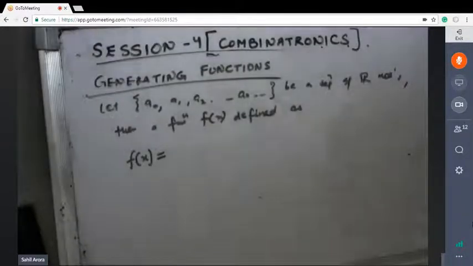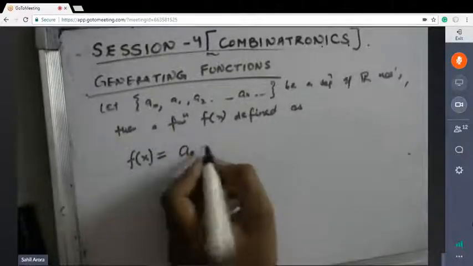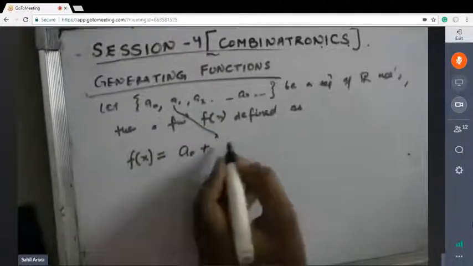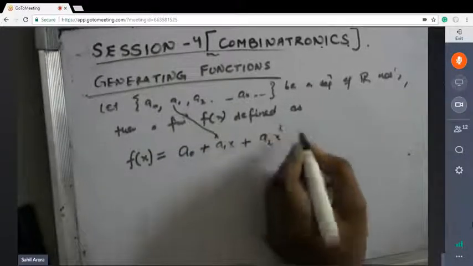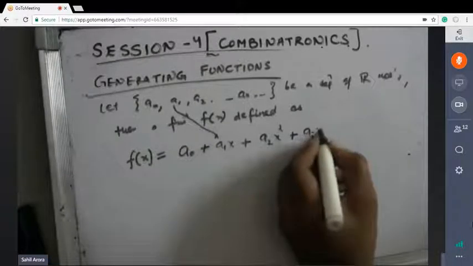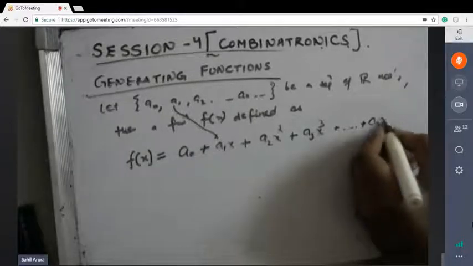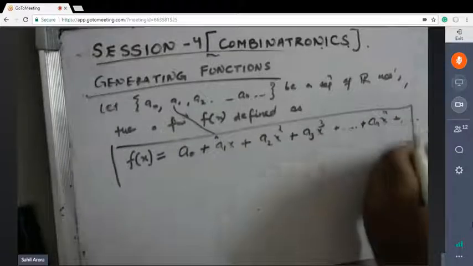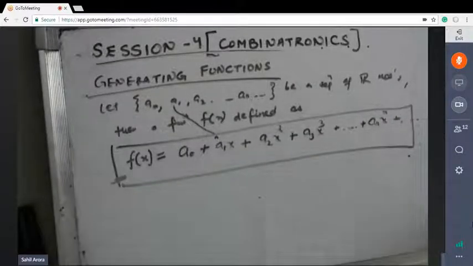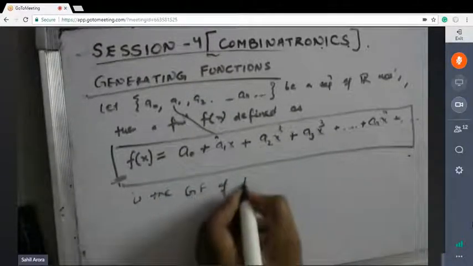I'm picking up the first term as it is. From the second term I'm multiplying with x, the third term I'm multiplying with x square, the next term with x cube, and so on, and I'm multiplying the nth term with x to the n. So this function is called the generating function of the sequence.